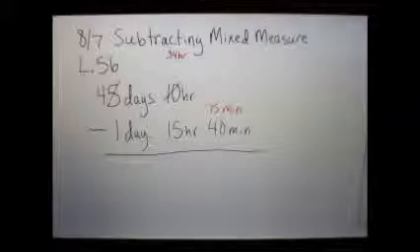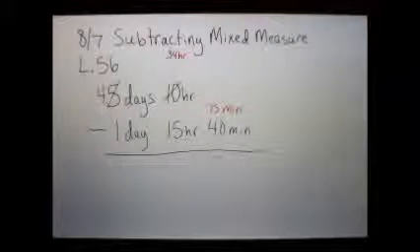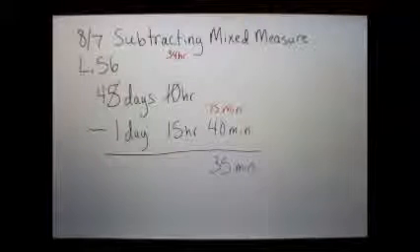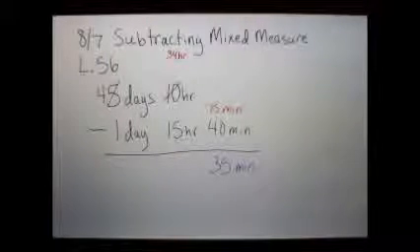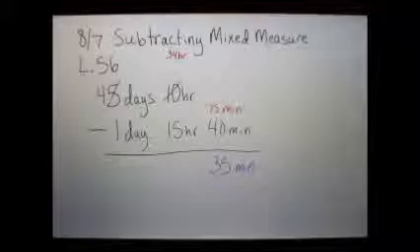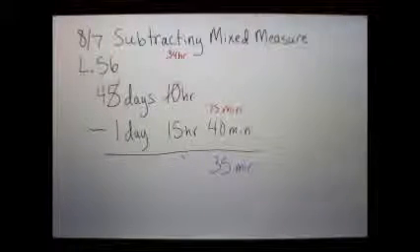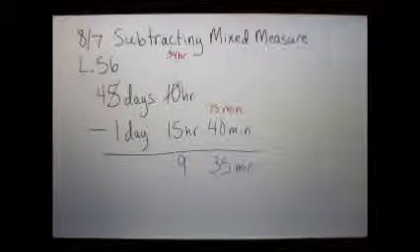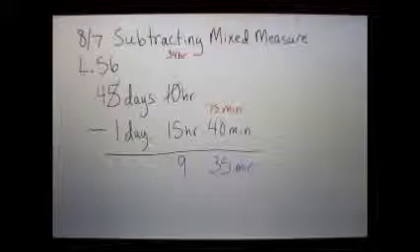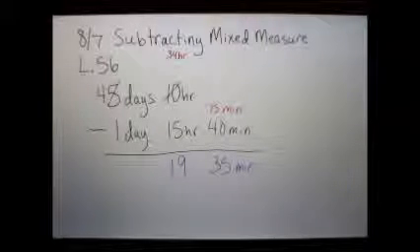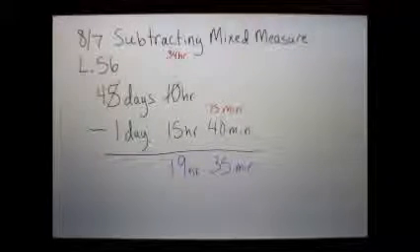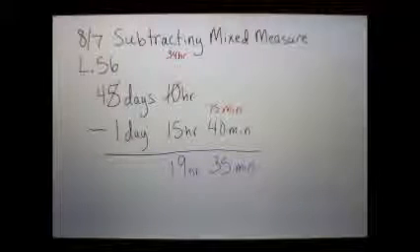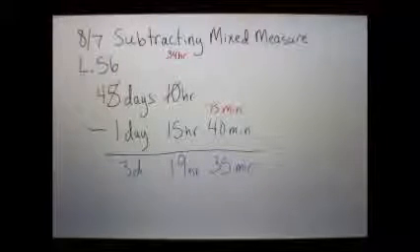When we subtract 40 minutes from 75 minutes, that will leave us with 35 minutes. When we subtract the number of hours, 15 hours from 34 hours, again, we will get 19 hours, and subtracting 1 day from 4 days will leave us with 3 days.